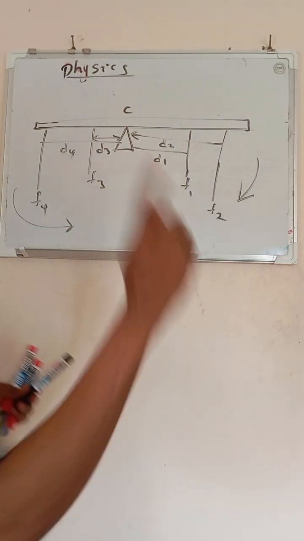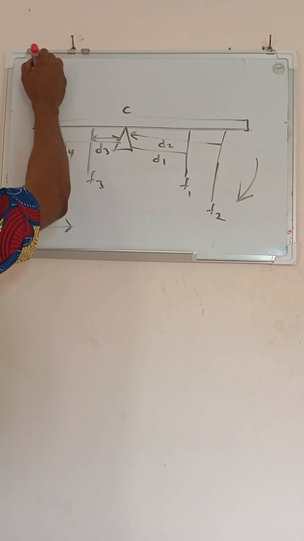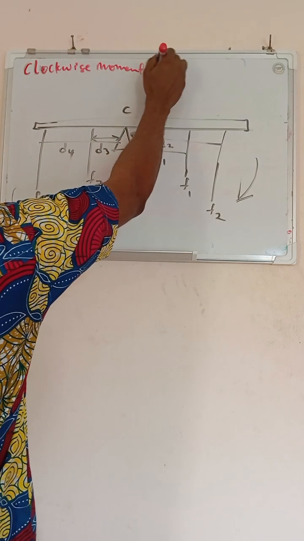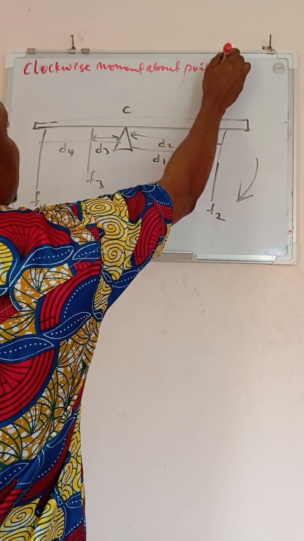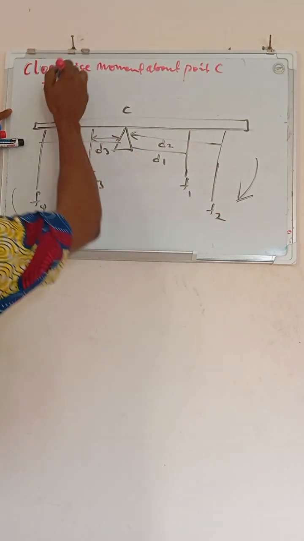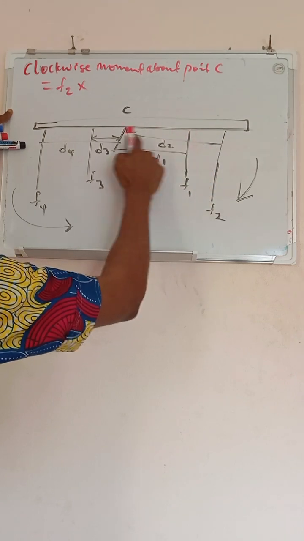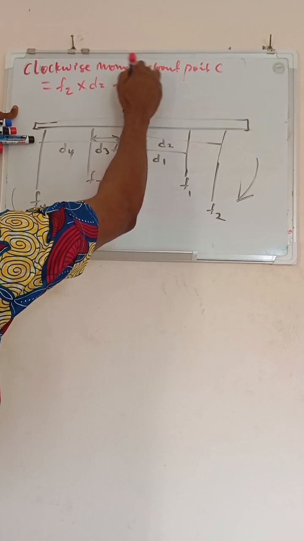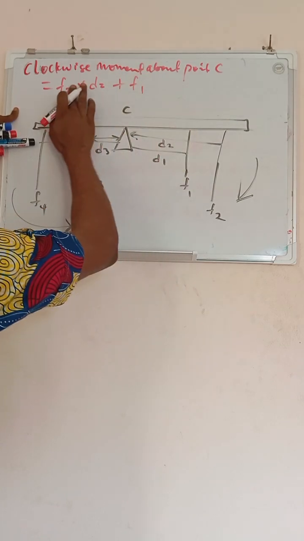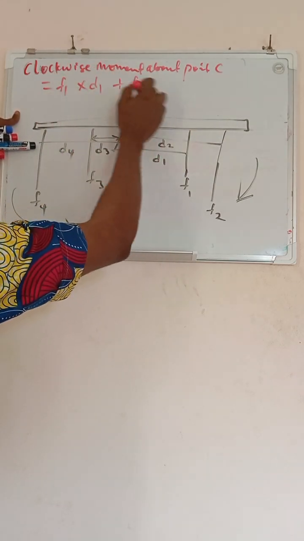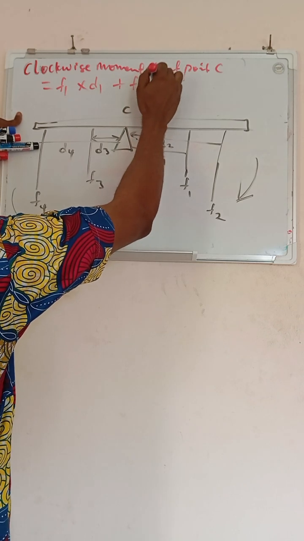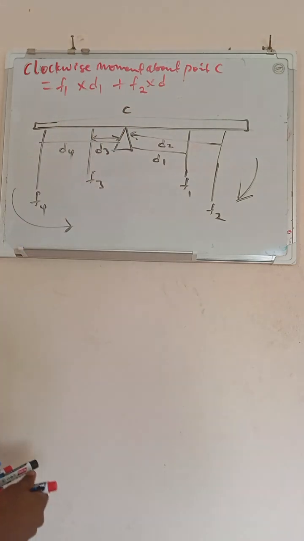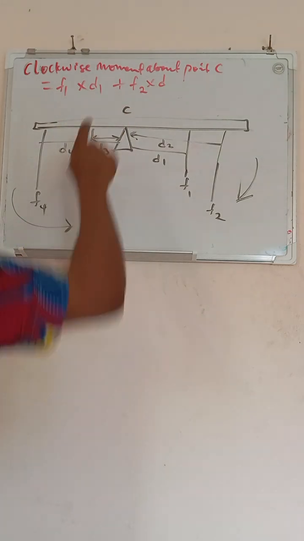So according to the principle, the clockwise moment about point C is equal to F1 times D1 plus F2 times D2. So this is called the clockwise moment.